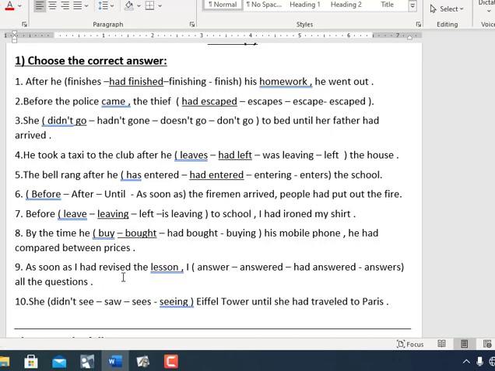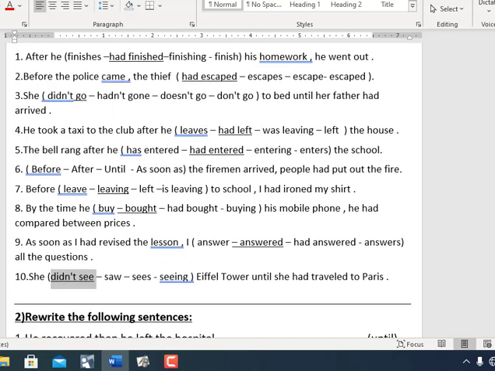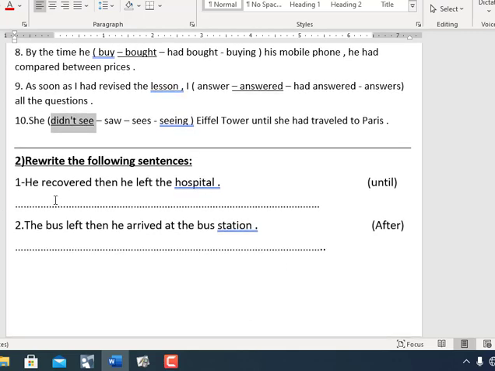As soon as I had revised, the second part will be past simple, answered. She didn't see the Eiffel Tower until she had: we have until, so we have to choose negative past simple. Rewrite the following sentence: he recovered, then he left the hospital.